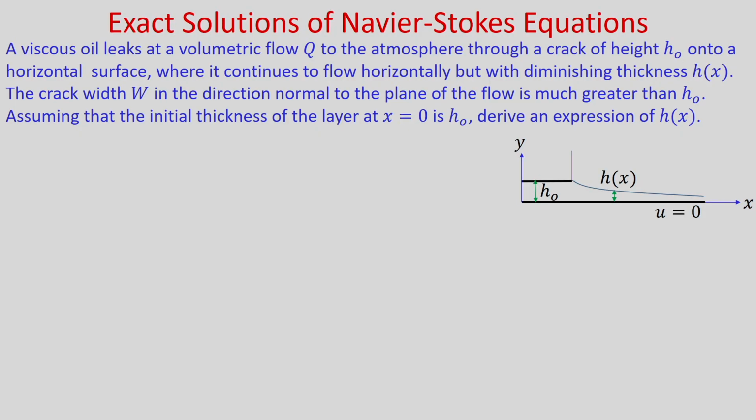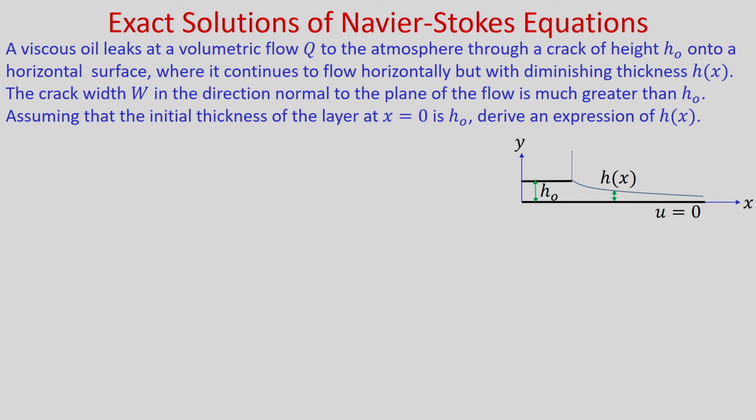Now, let us consider another problem. A viscous oil leaks at a volumetric flow q to the atmosphere through a crack of height h naught onto a horizontal surface, where it continues to flow horizontally, but with diminishing thickness h, which is a function of x.